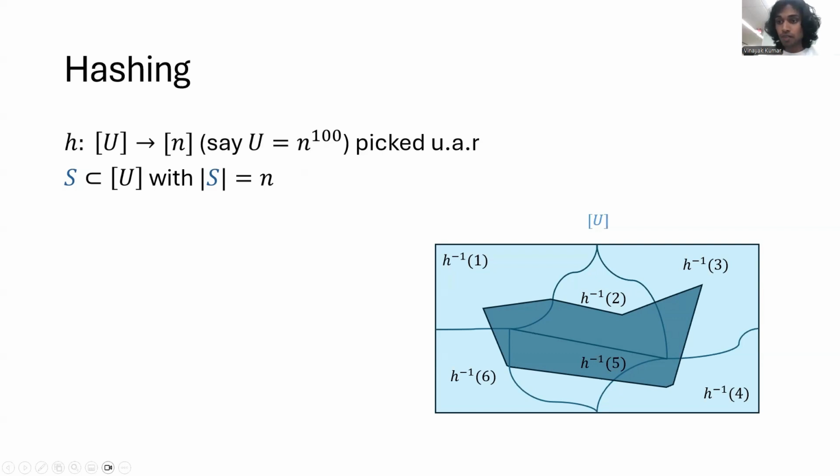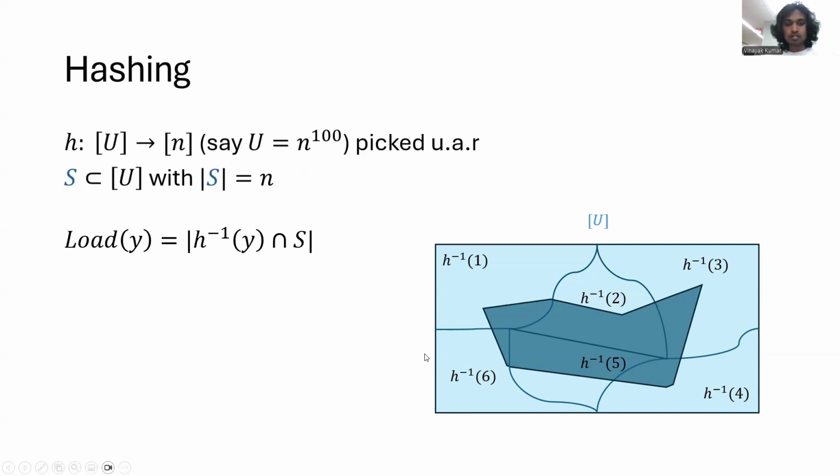This will split up the balls, the dark blue region, and our goal is to minimize collisions, which means we want not too many balls to be in each preimage or each bin. In particular, I can define the load of y, the load of the yth bin, to be simply the number of points in S, the number of balls, that map to y via the hash function.